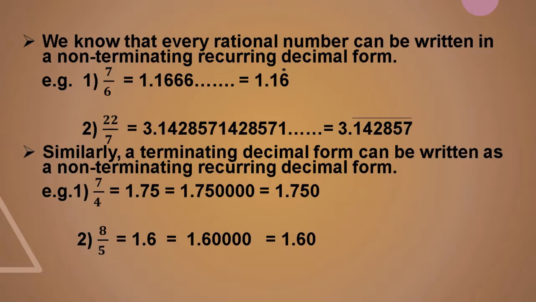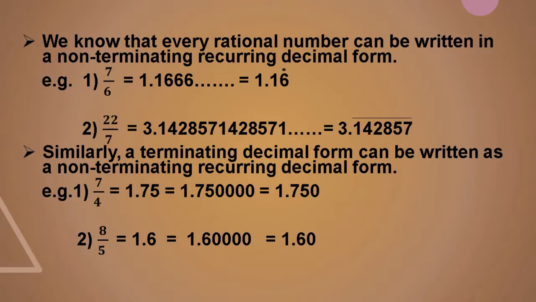This dot shows that the 6 will come again and again and it's non-terminating. Therefore, it can be written as 1.16 with a dot on the 6. That dot represents that the 6 is in non-terminating and recurring decimal form.